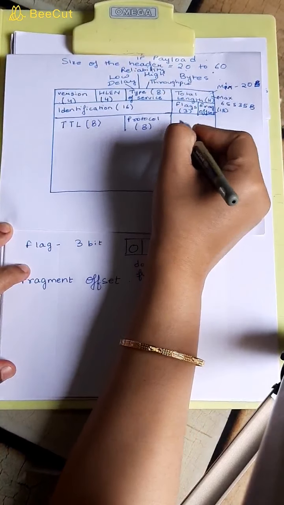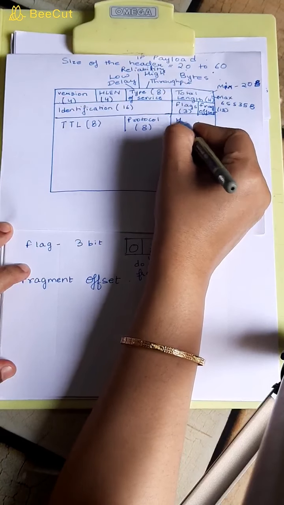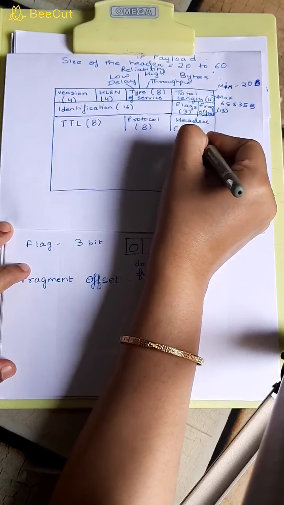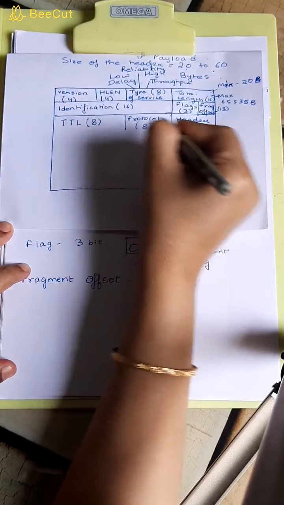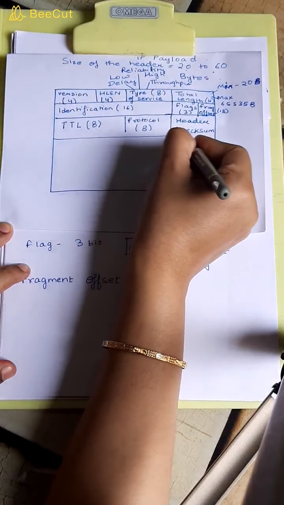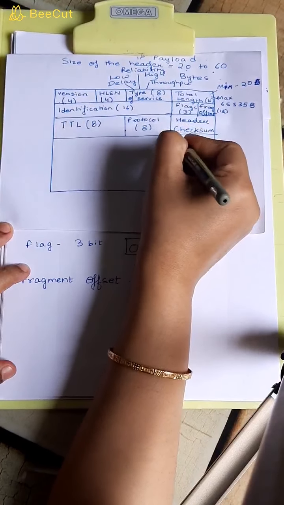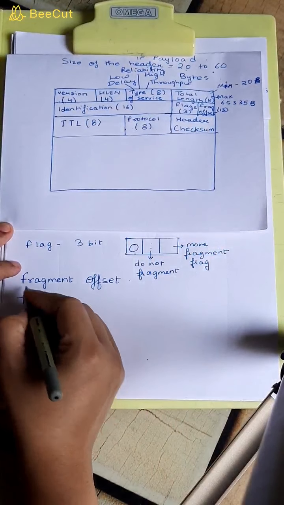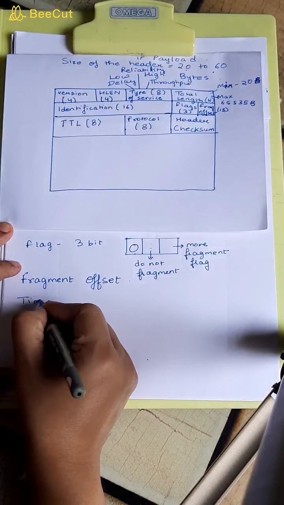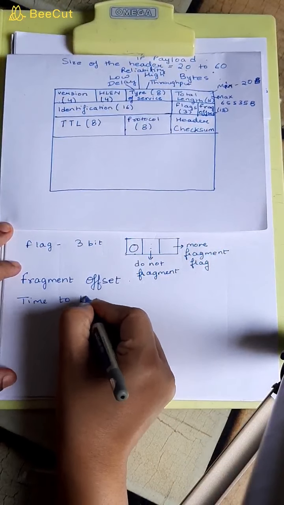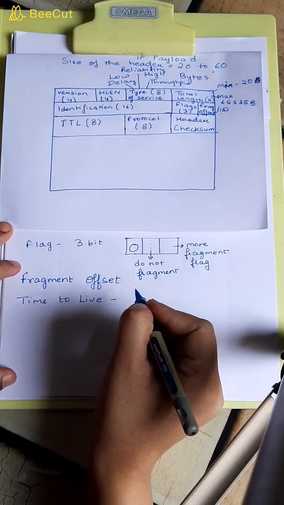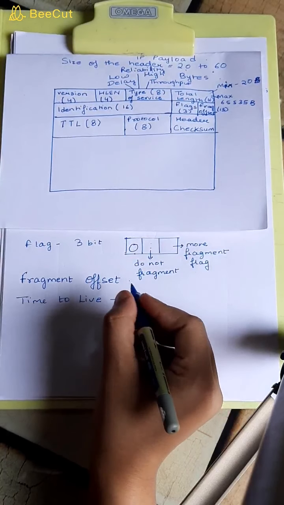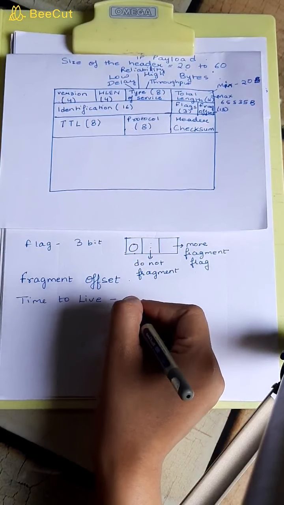And then we'll be having header checksum. We'll be having these 3 pieces of information in the third row. So in the third row, the first field is time to live. Now what information we get from this particular field?